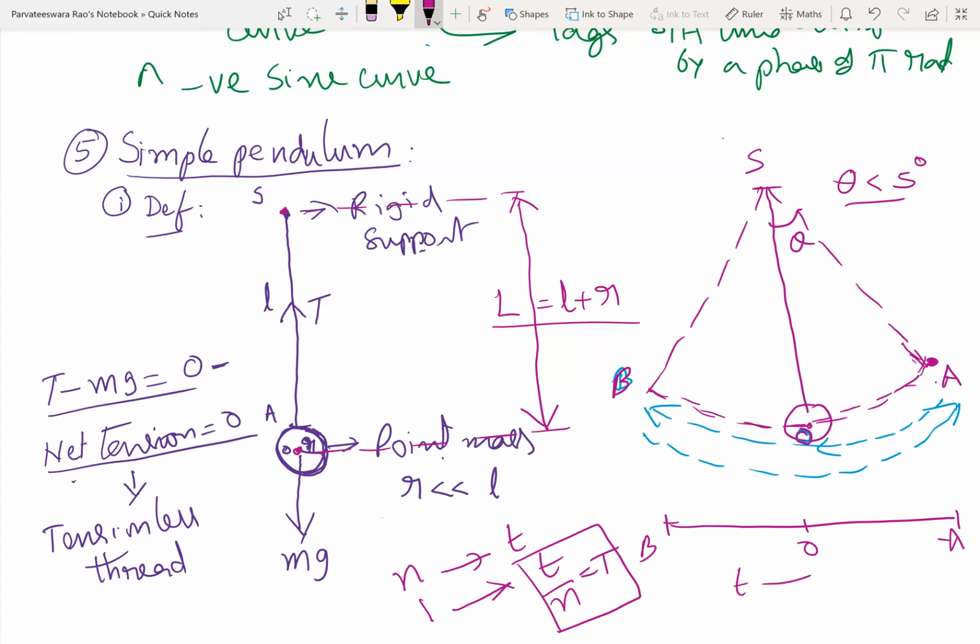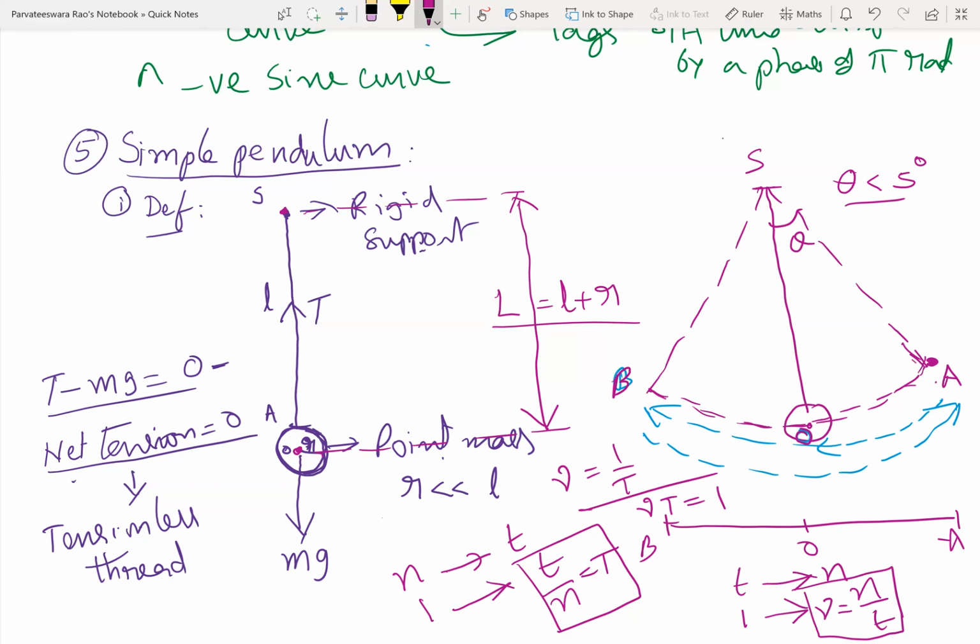Similarly, in t seconds, if the pendulum makes n oscillations, then the number of oscillations made by it in 1 second, that is n by t, is called the frequency. So frequency is the number of oscillations made by the pendulum per second. Looking at these two equations, we can write nu is equal to 1 by T, or nu into T will be equal to 1. Okay?